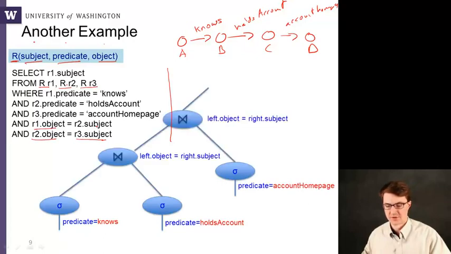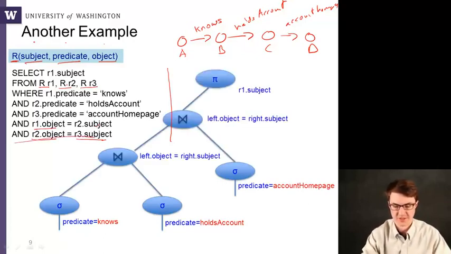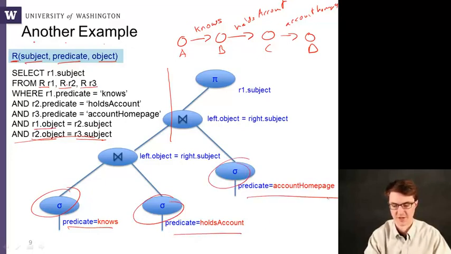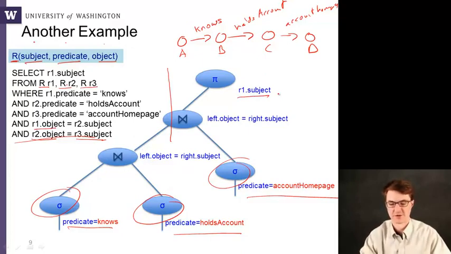In relational algebra, this query gets translated into this form. There's a selection to find predicate equals knows, a selection to find predicate equals holds account, and a selection to find predicate equals account homepage. Then a sequence of joins, and finally a projection to pull out the final answer we're interested in, which is the select clause.